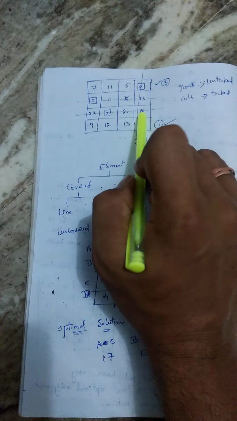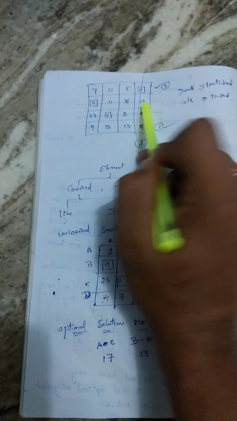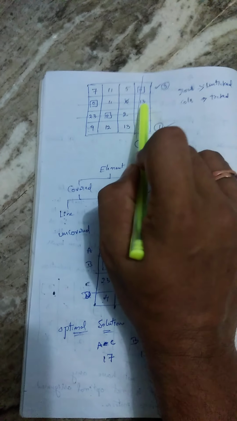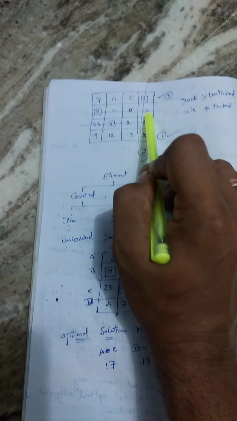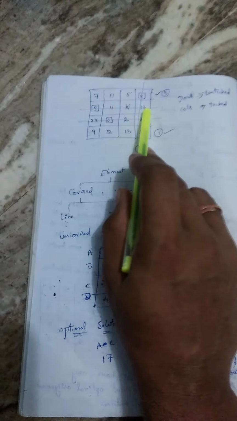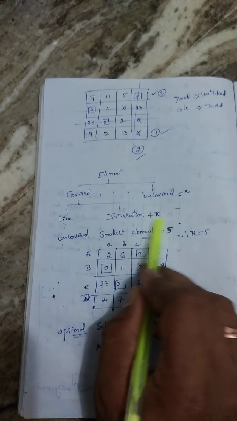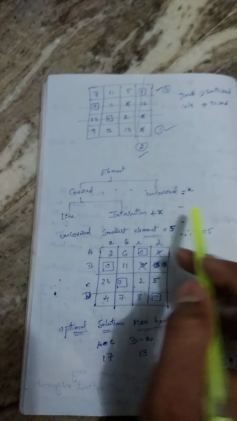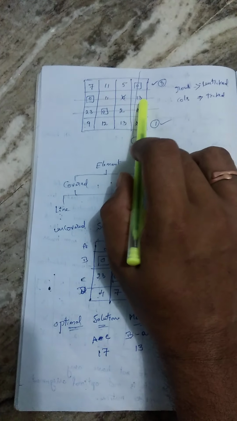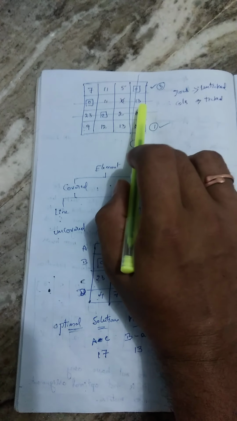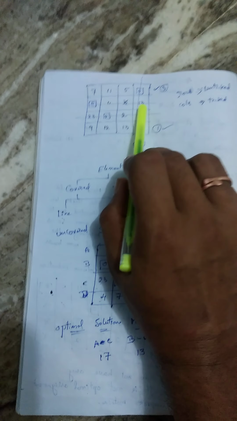In the intersection element we add the smallest element 5, intersection plus 5, so we add the smallest element to the intersection element.